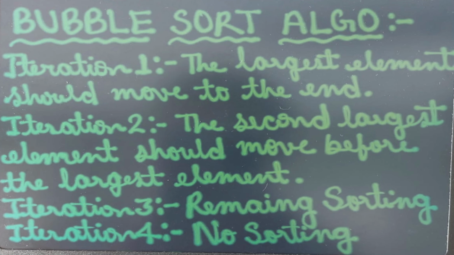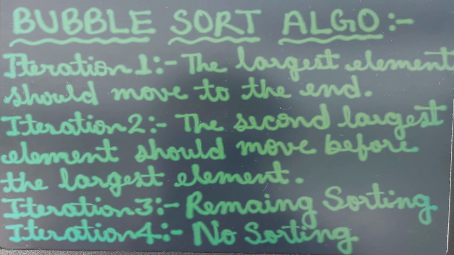As we know that total number of iterations are 4. In pass 1 or iteration 1, the largest element should move to the end through a series of swaps. In iteration 2, the second largest element should move before the largest element. In iteration 3, remaining sorting is done.